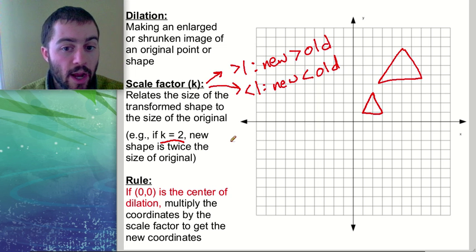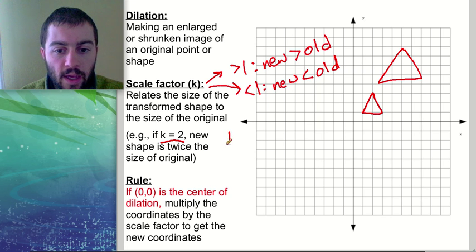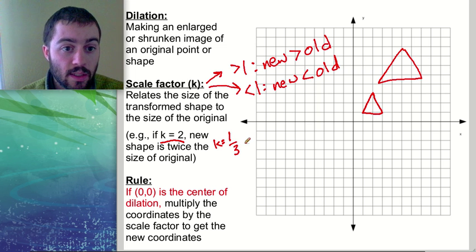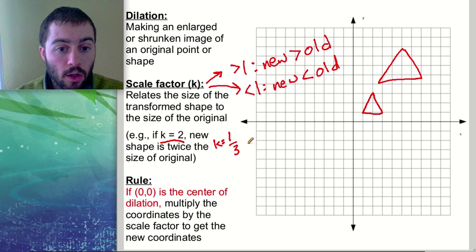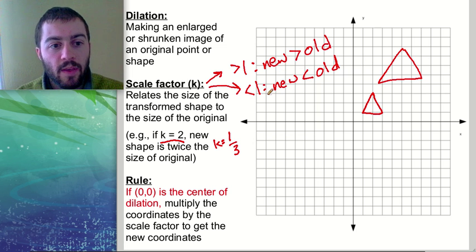But if, on the other hand, we had a scale factor of, let's say, k equals 1/3, what this tells us is that the new shape is going to be 1/3 the size of the original shape, or 3 times smaller. So again, if k is greater than 1, that tells us the new shape is bigger than the shape we started with, but if k is less than 1, that tells us that the new shape is smaller.